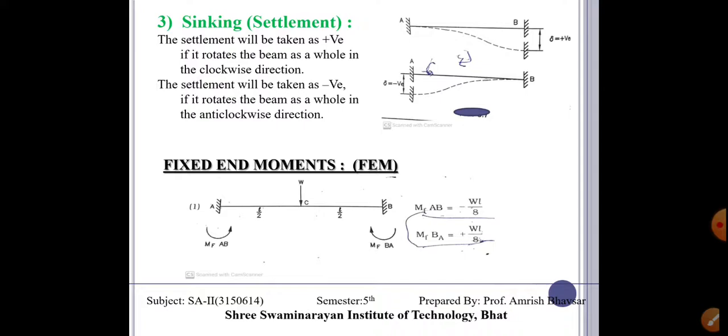We have to balance that member with the help of rotation and stiffness. So what is the fixed end moment? This is our simple single span with a point load at the center. The fixed end moment at one end is anti-clockwise, at the other it is clockwise, and the value is WL by 8 at both ends, but one is minus and one is plus.